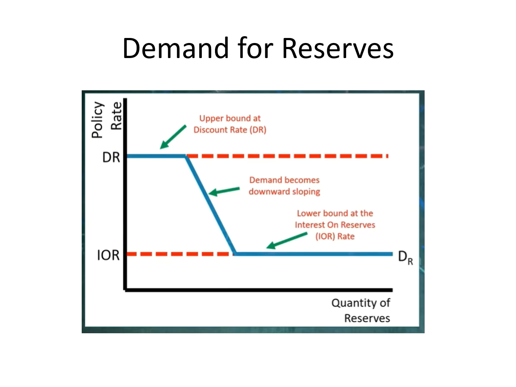The interest on reserves, or IOR, sets the lower bound or floor for the Fed funds rate because banks won't lend reserves overnight for less than they can earn risk-free by keeping those funds at the Fed.